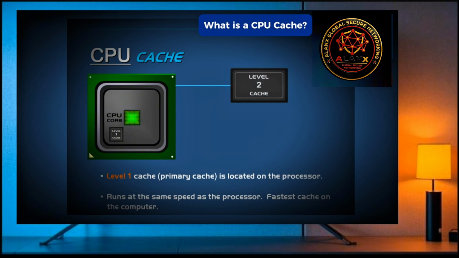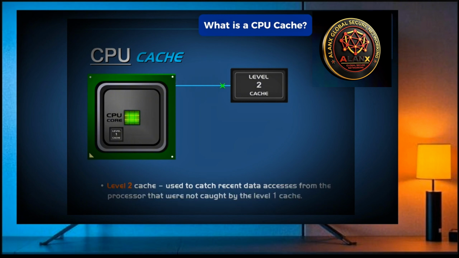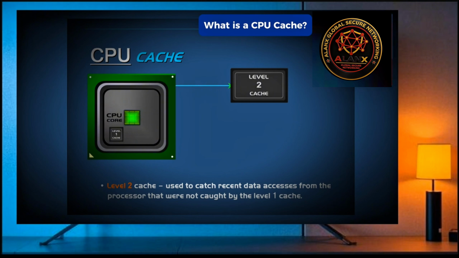And there is also level 2 cache, which is also called external cache. Level 2 cache is used to catch recent data accesses from the processor that were not caught by the level 1 cache. So in a nutshell, if the CPU can't find the data it needs in the level 1 cache, it then searches the level 2 cache for the data.